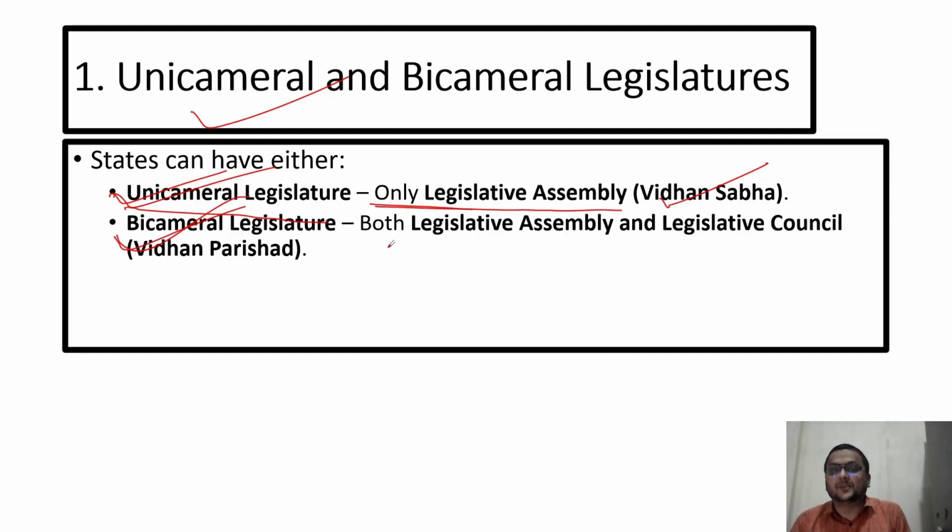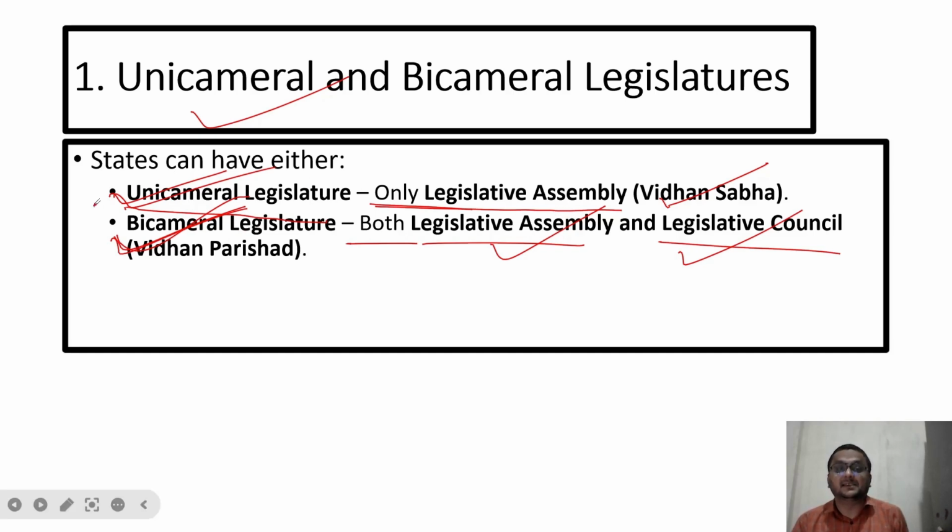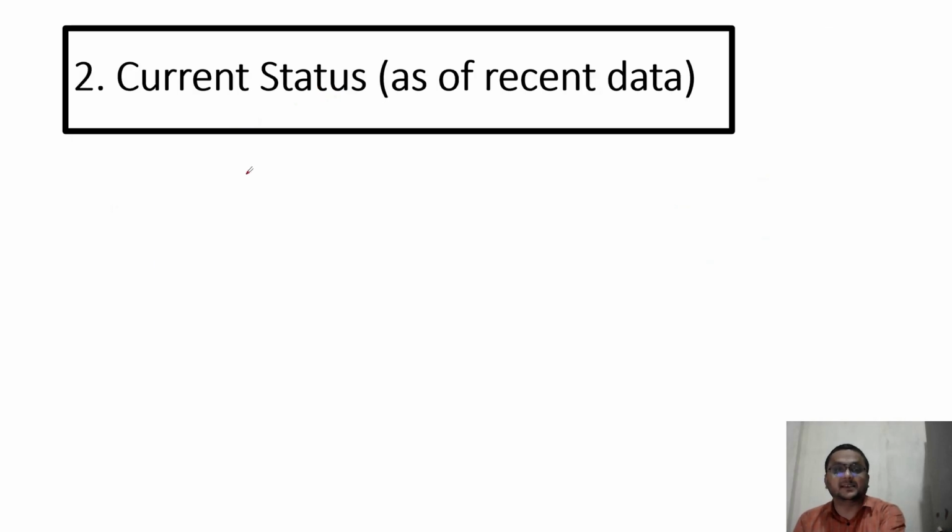Both the Legislative Assembly and the Legislative Council are present. Here the Legislative Assembly is the lower house and the Legislative Council, that is Vidhan Parishad, is the upper house. If both houses are present, then that state has a bicameral legislature, and if only one house is there, that is the Legislative Assembly, then the state has a unicameral legislature.